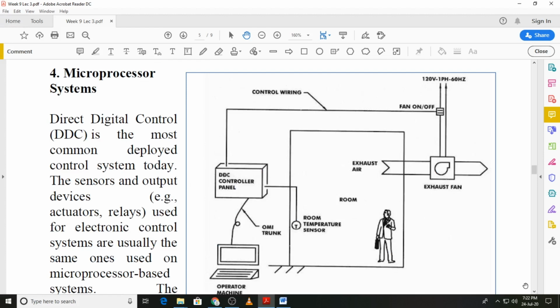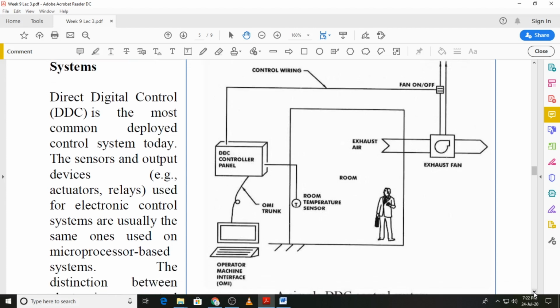Next we come to microprocessor systems, and the most commonly used control system in modern day applications is the direct digital control or DDC system, and it requires microprocessors, as the name implies, for handling various inputs and generating a number of outputs, which can then control several different devices at the same time.